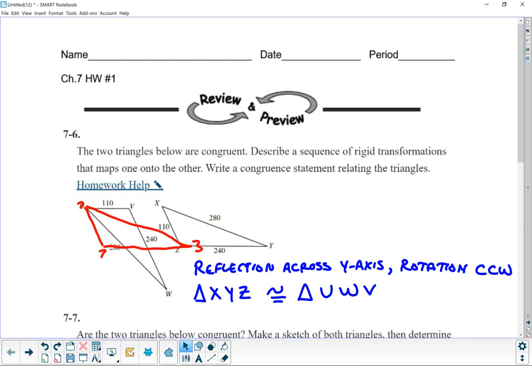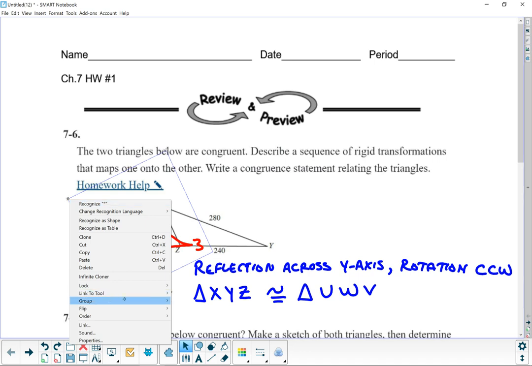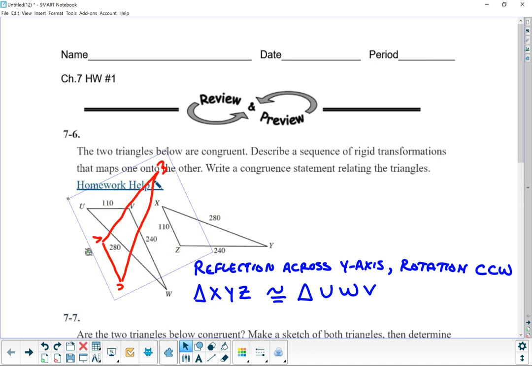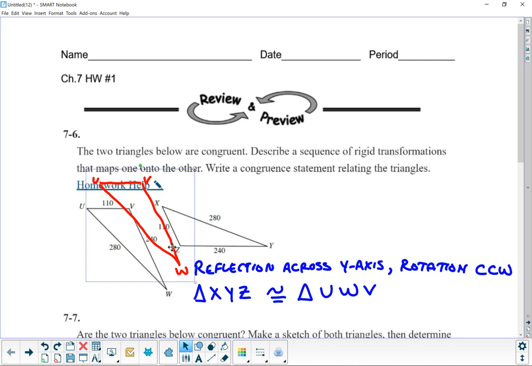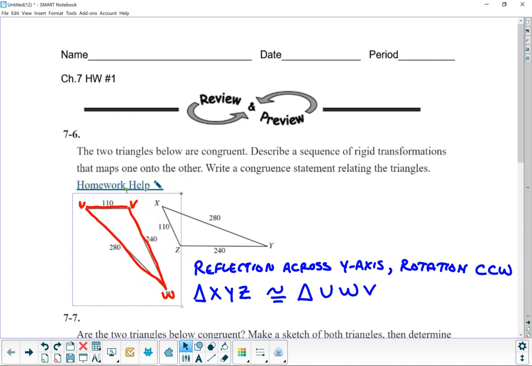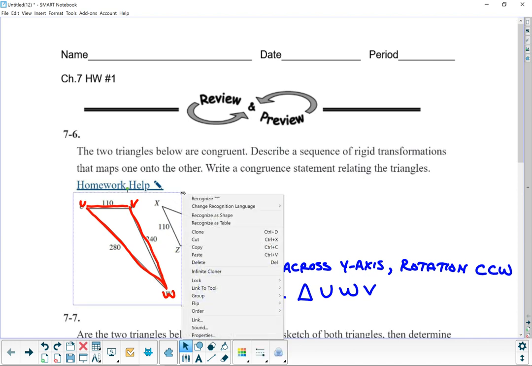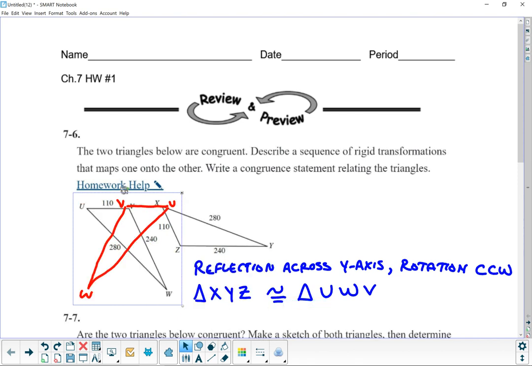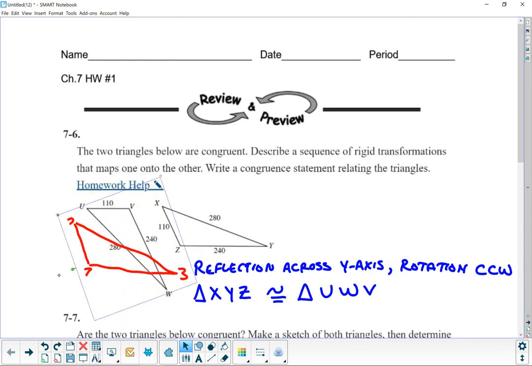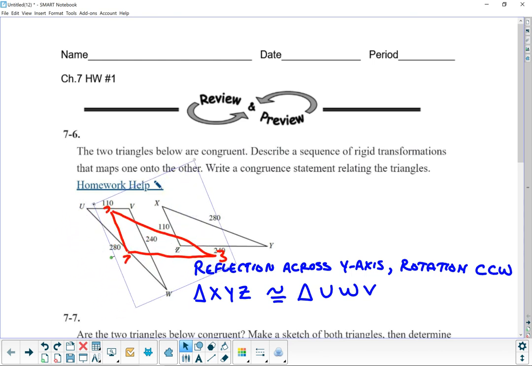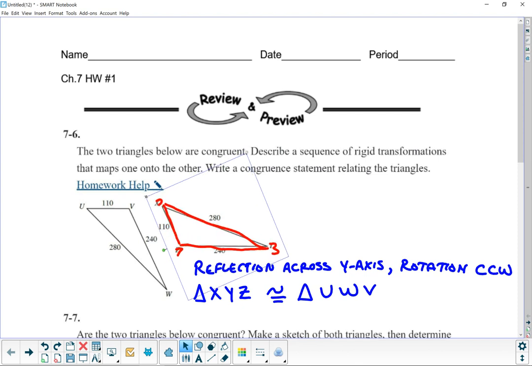I took this right here, so that's how I started. I did a reflection, which for me means flipping, and then I rotated it counterclockwise, maybe a little over 90 degrees. And then you need to move it to the right, so you need to do a translation also.